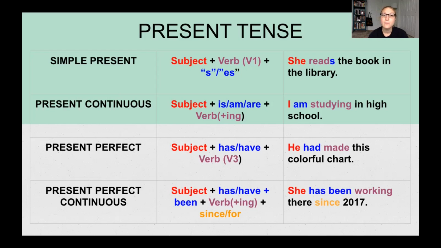Okay, it's very important that we know which verb is getting that ing. The action verb receives that ing ending. So now the subject, I am studying in high school.